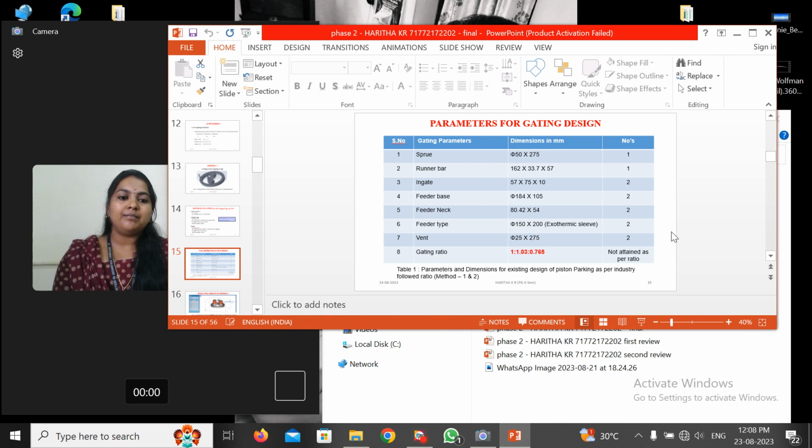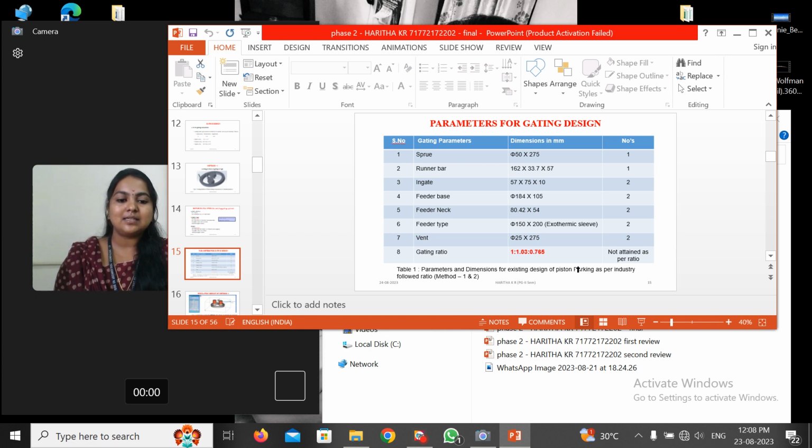Since the feeder will have liquefied metal inside, if the metal is not cooled inside the mold cavity, it will be fed from the exothermic sleeve. The vent diameter is 25 cross 275. The gating ratio of 1:1.03 to 0.765 is not attained as per the ratio.